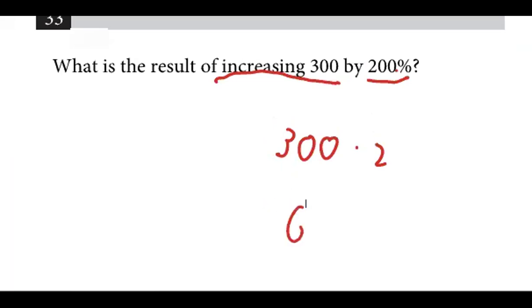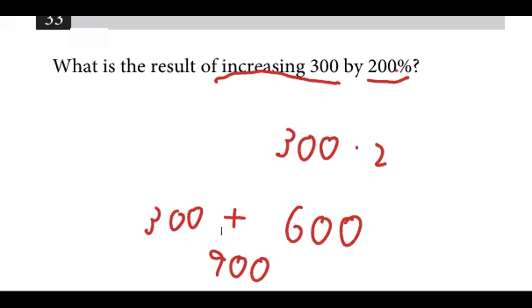So that gets us 600. But this is increasing 300 by that much. So we have to add the initial 300 into it. So this gets us 900, which is the correct answer.